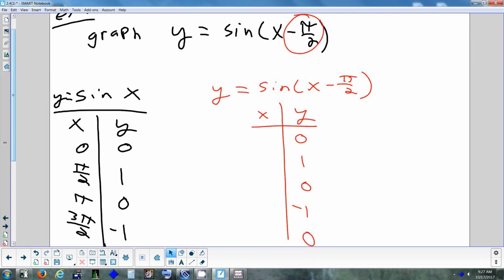How about Victoria? What did I add or subtract to x in this case? Pi over 2. And did I add it or subtract it? I subtracted it. Okay, in the original problem, it's been subtracted. So what am I going to do to all the original x's?